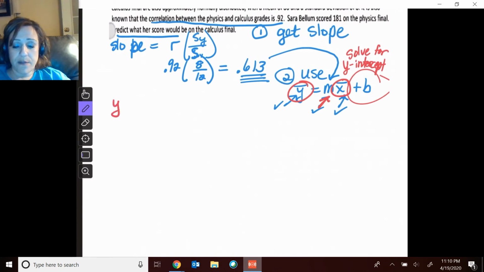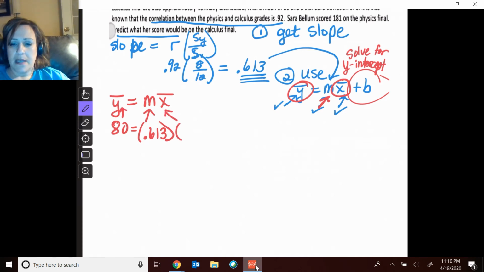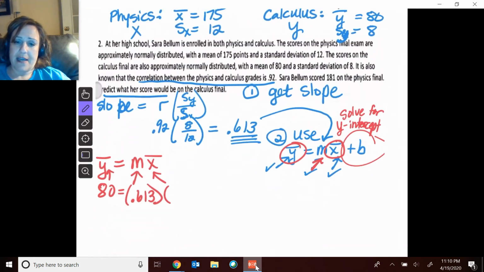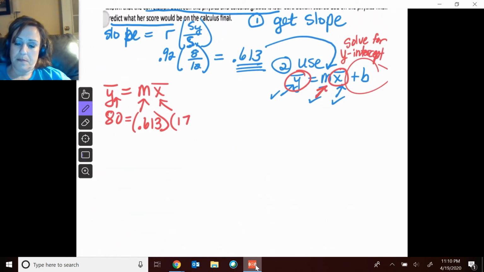The mean of y was 80, and the slope that I just figured out was 0.613. The mean of x was 175, plus that y-intercept. So this is what we're solving for algebraically.